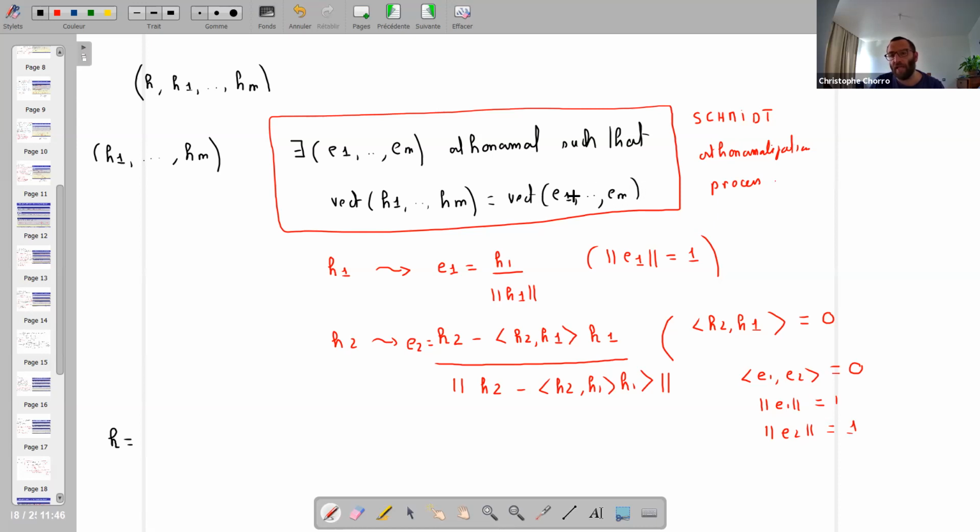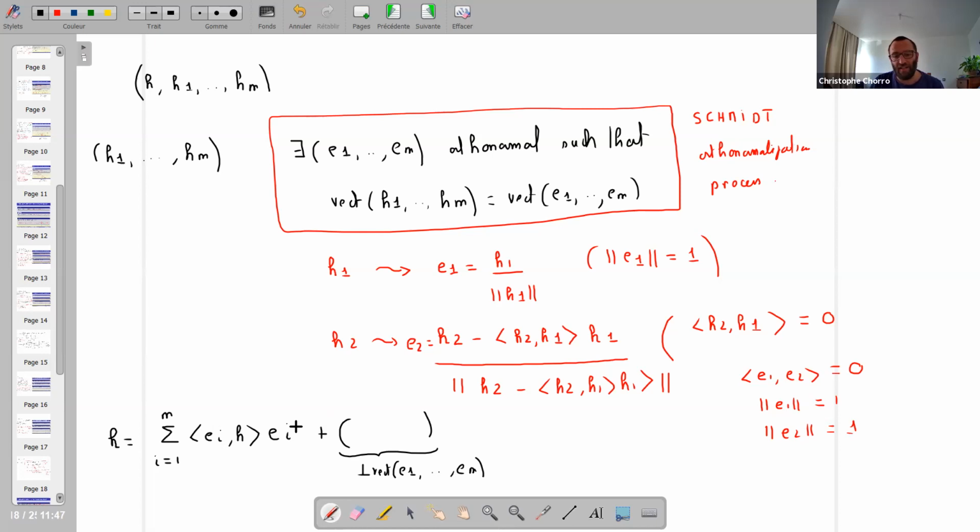So I have the beginning of a basis in L2 of 0 to capital T. So H may be written as the sum from i equal to 1 to n of, I use the decomposition on this orthonormal family, the scalar product of H and Ei times Ei, plus an extra term that is orthogonal to the vector space generated by E1 to En, because I can complete this family into a basis of L2 of 0 to capital T, an orthonormal basis.